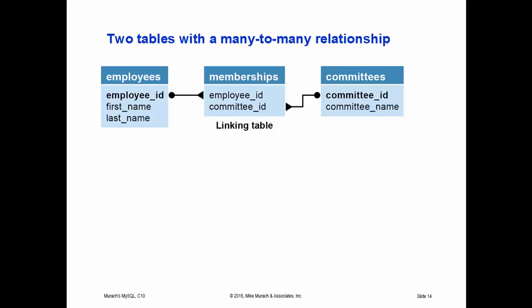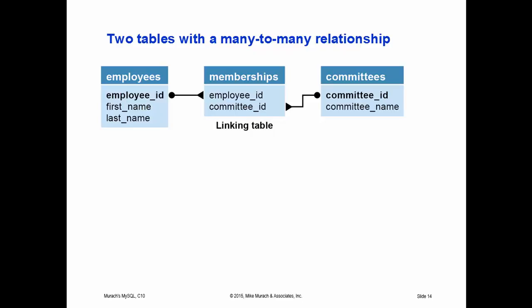One that was called committees, with a committee ID and a committee name. Really there's a relationship where technically 0, 1 or more employees could serve on 0, 1 or more committees. So there is a many-to-many relationship.